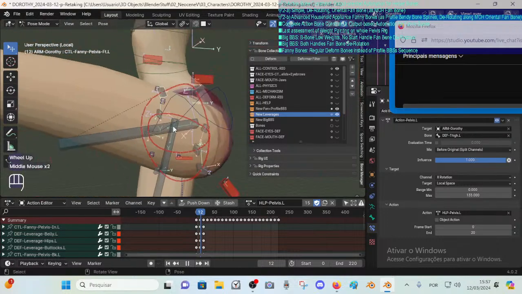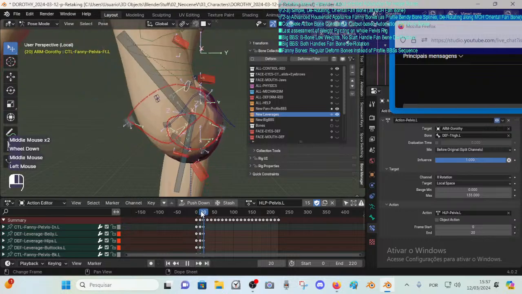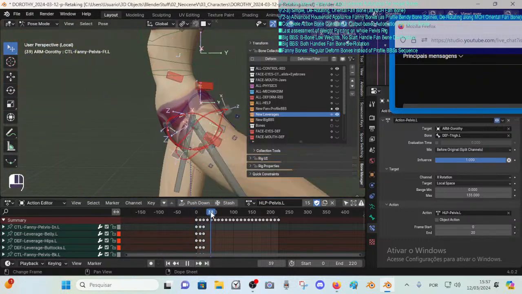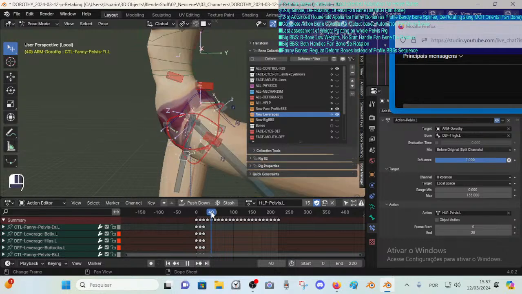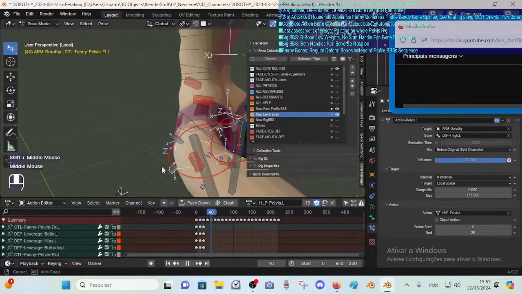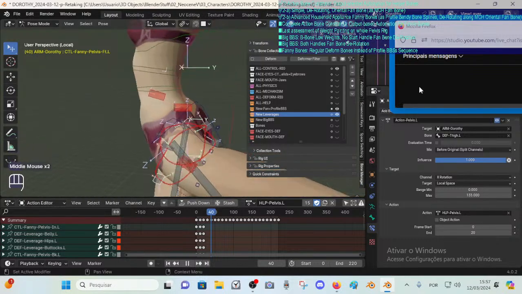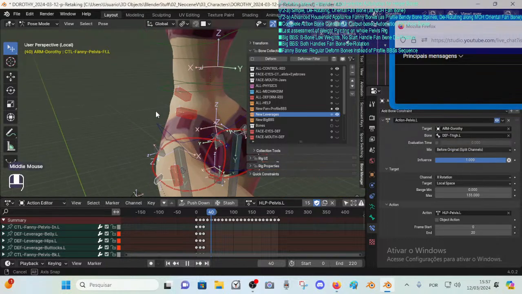Maybe I've made some small retakes, but then I want to do that for the back bending. I had a solution. I know it works, so not too difficult. Surprisingly, this is not too difficult, but it requires a bit of patience.